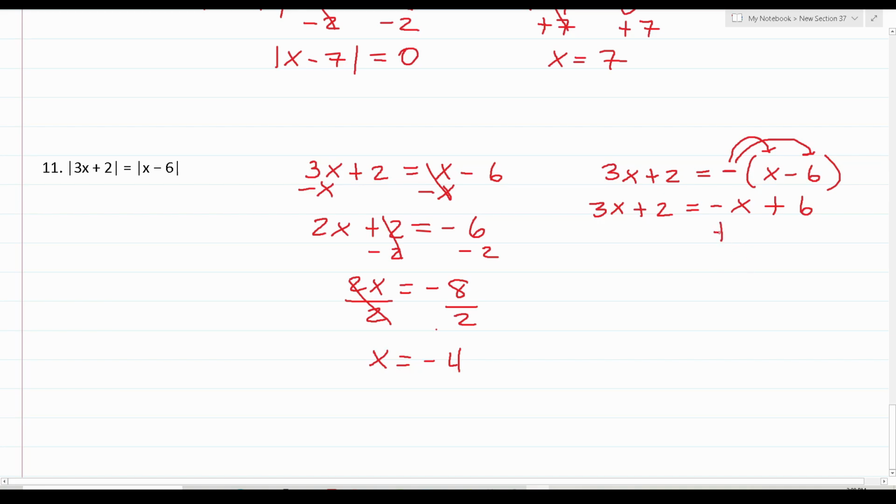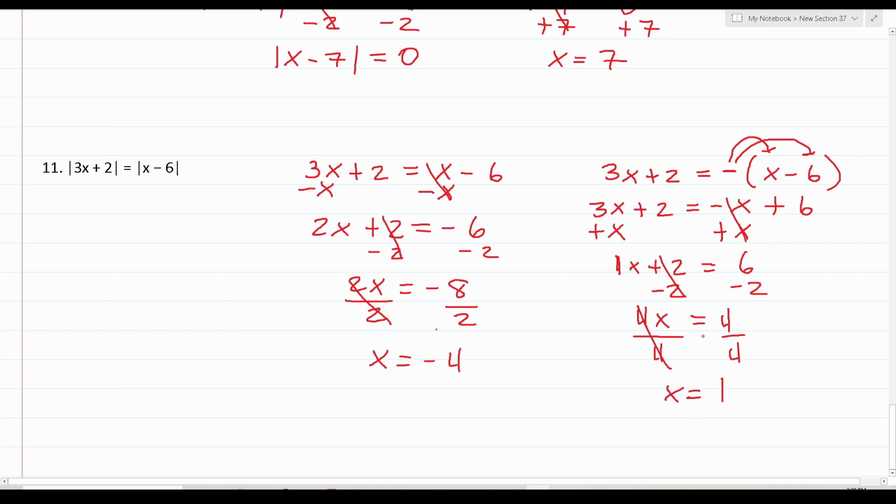First thing I'm going to do is add x to both sides to get rid of it from here. This becomes 4x plus 2 equals 6. Now we're going to subtract 2 from both sides. This will cross out here, leaving you with 4x equaling 6 minus 2, which is 4. Divide both sides by 4. This crosses out here, leaving you with x equals 1.